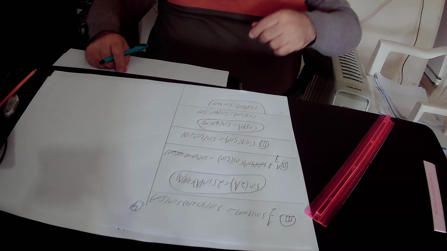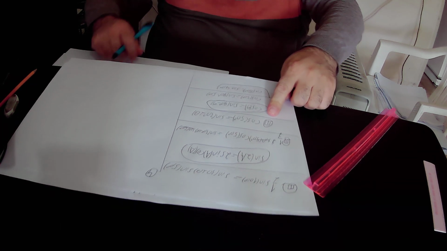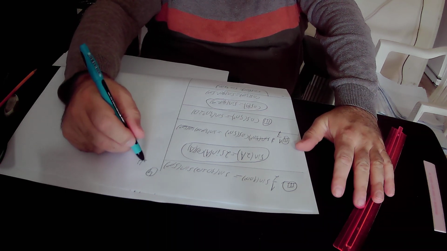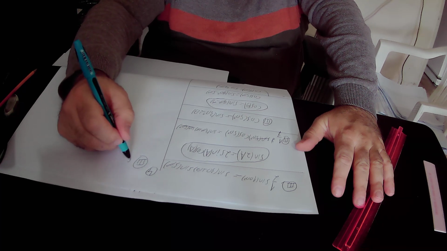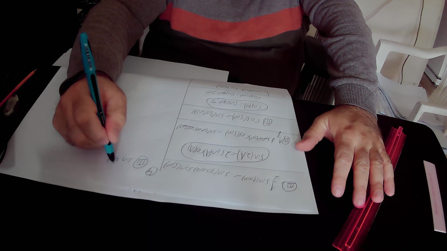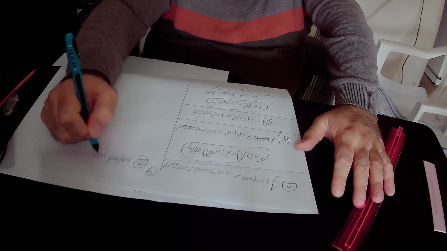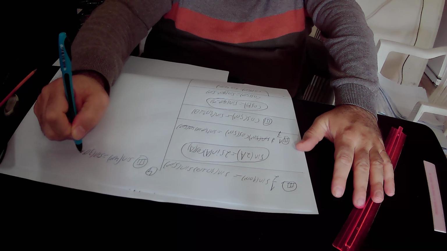Therefore, we will substitute cosine 50 degrees in equation number 3 by sine 40 degrees, and we will get that, according to equation number 3, sine 40 degrees equals sine 30 degrees plus theta.